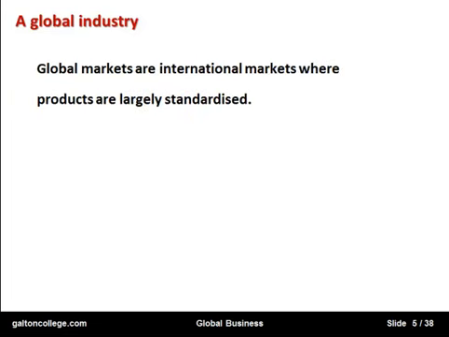Now, global markets are international markets where products are largely standardized. Generally speaking, we get standardization across countries. We see the same products for sale in one country as the next. Because of the effects of selling the same product overseas, companies gain economies of scale.